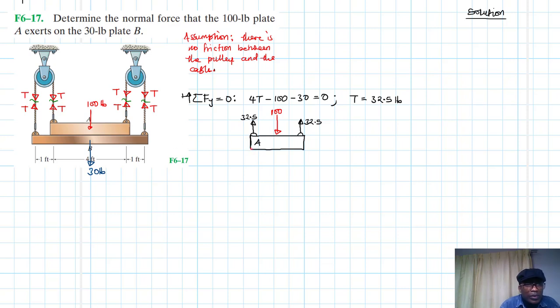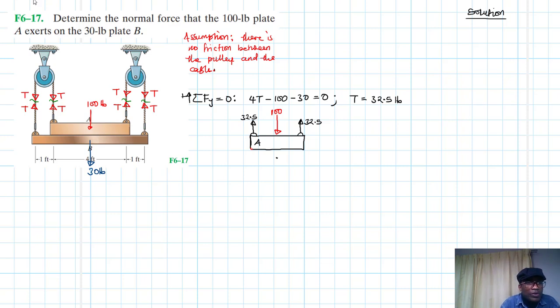So we are going to have a normal force on this, because as plate A rests on plate B, there's going to be a normal reaction.